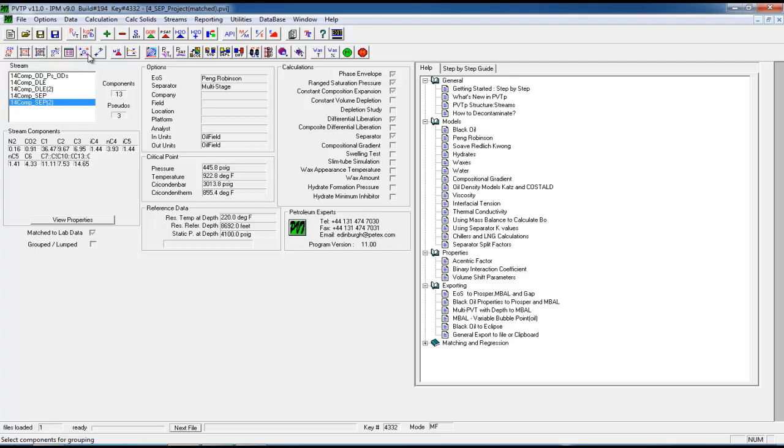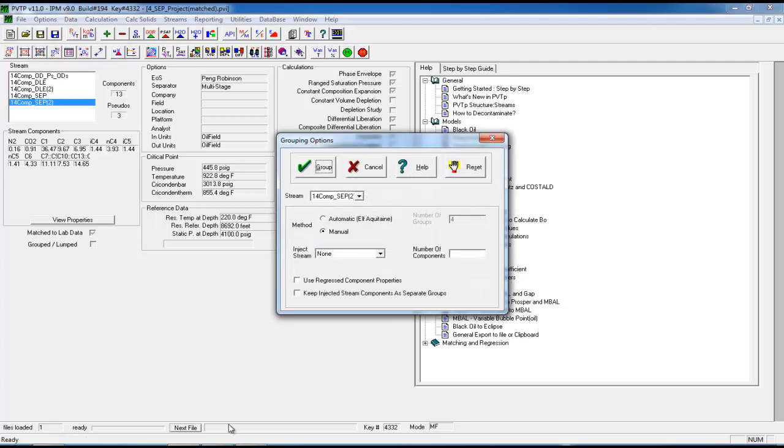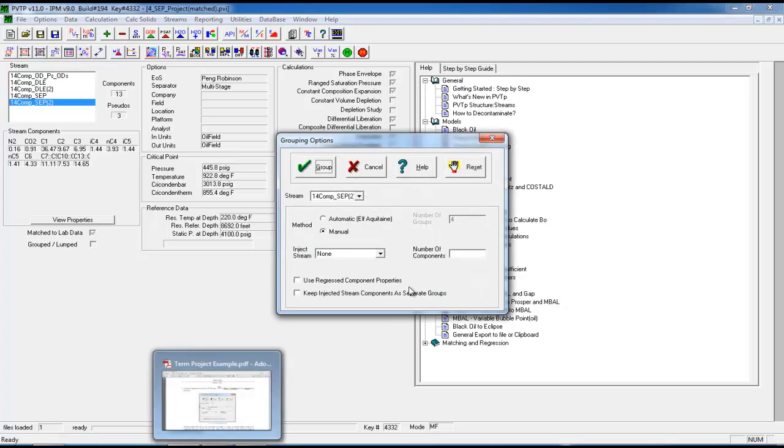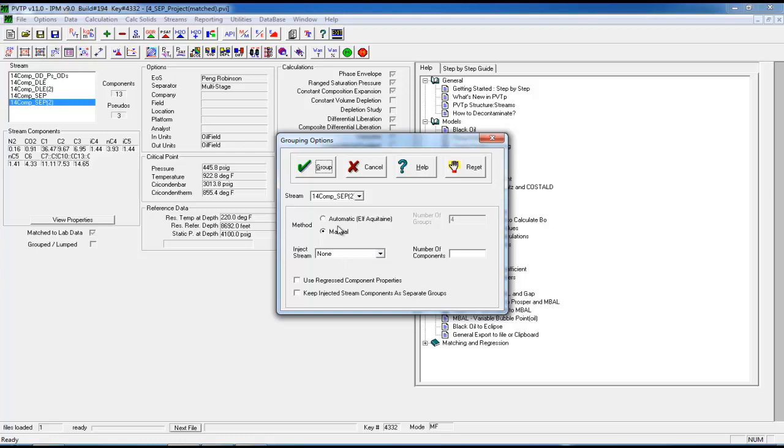So if we press this, then you have two choices. Either you do grouping with automatic, where you have a method like the one I have just shown you, where the software will calculate everything for you and make a group for you.